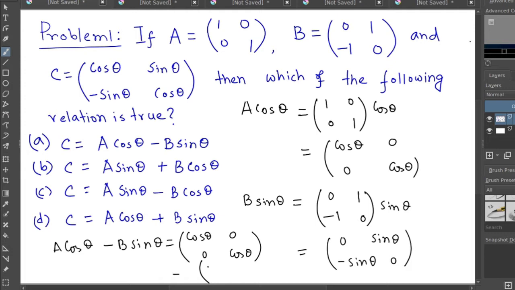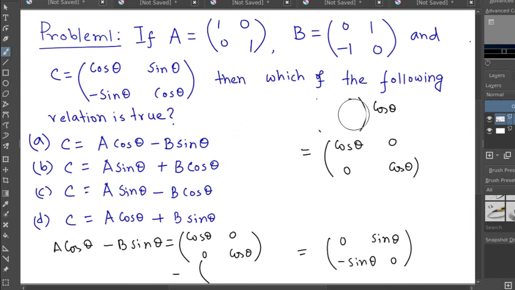Sorry, let's rub this part and calculate here. B sin theta is this value, and A cos theta value is this. Let's calculate A cos theta and B sin theta here.